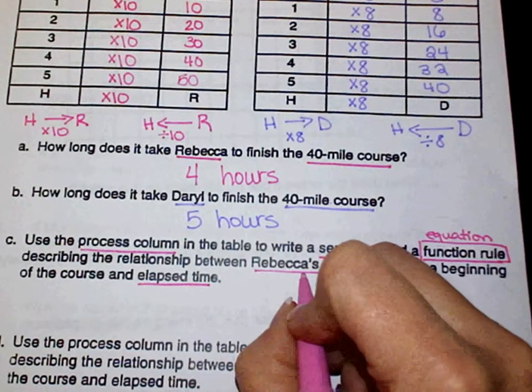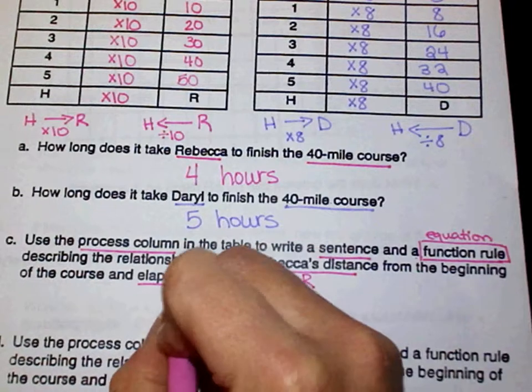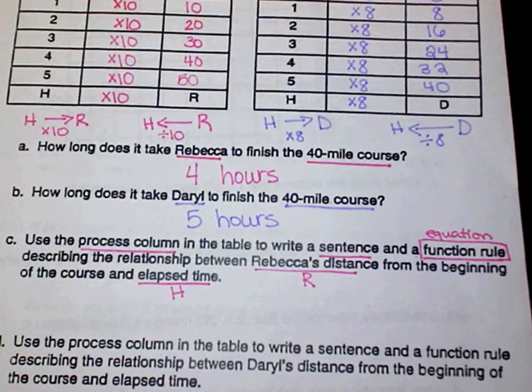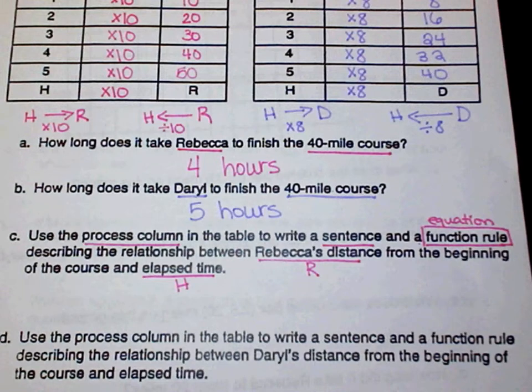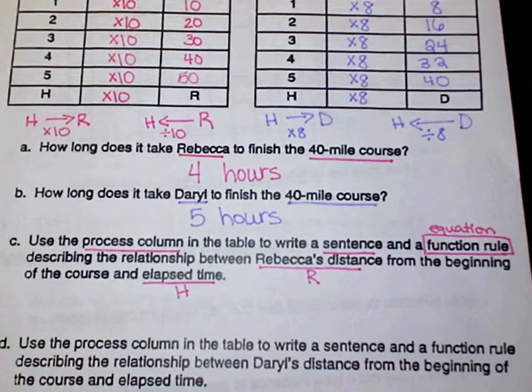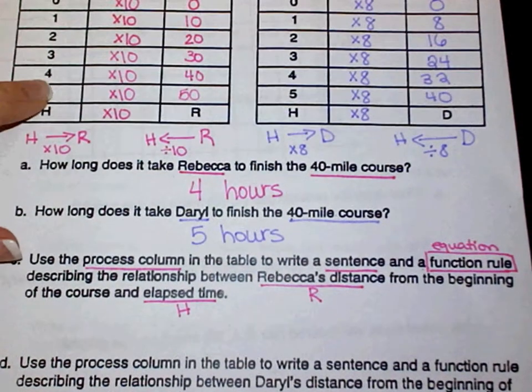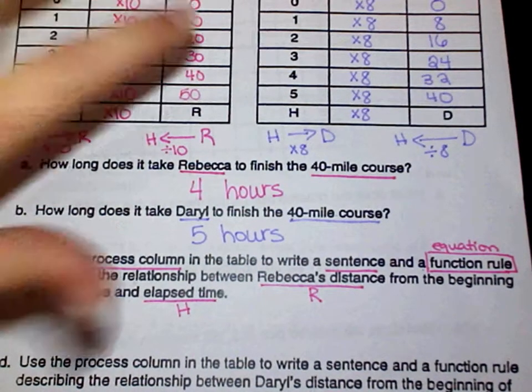So this is Rebecca's distance and your hour. So remember when we were building ratio tables, how we were constructing an equation. It was not specific to any one number. It was just saying, how do I link hours and miles in an equation?